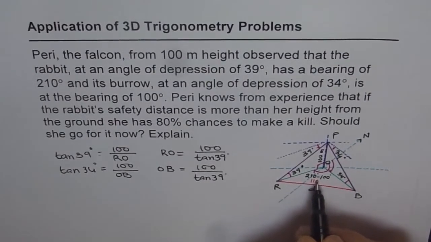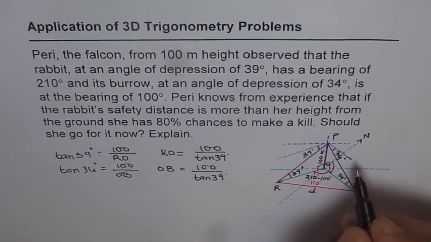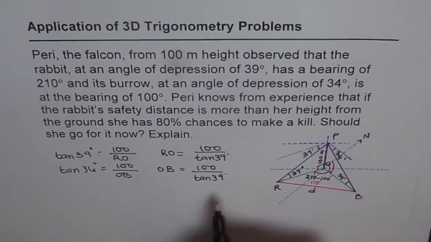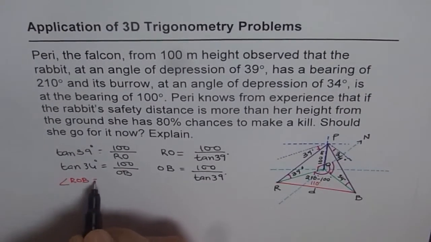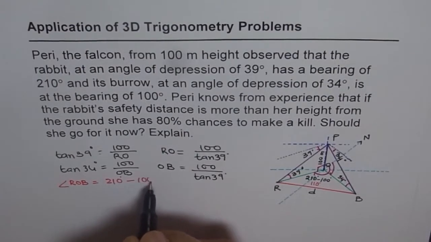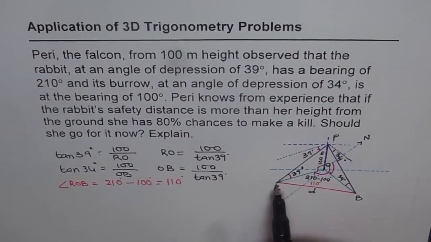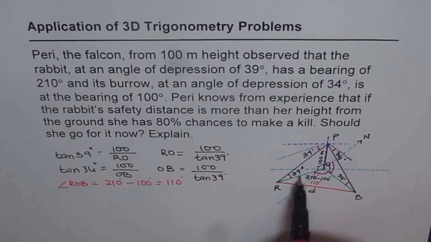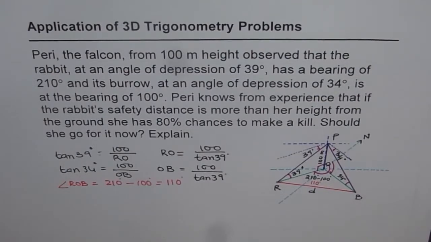So angle ROB equals 210 degrees minus 100 degrees, which is 110 degrees. In this triangle, we know two sides and the included angle, so you can use the cosine law, correct? Use the cosine law and get the distance RB, or rather D.